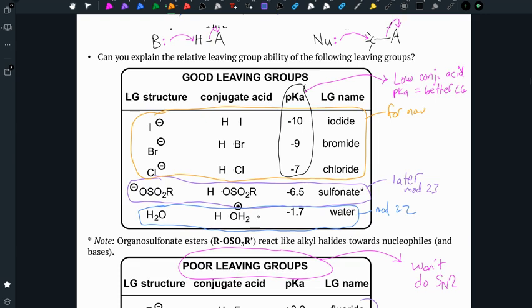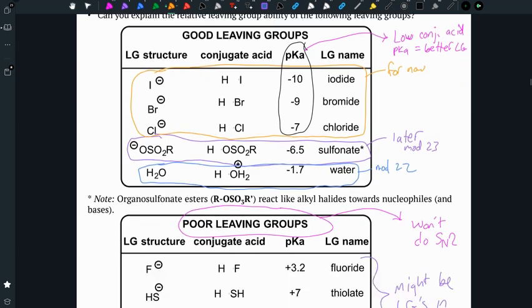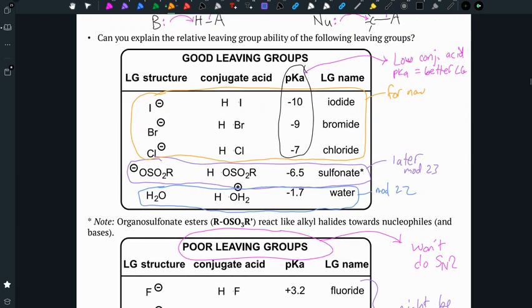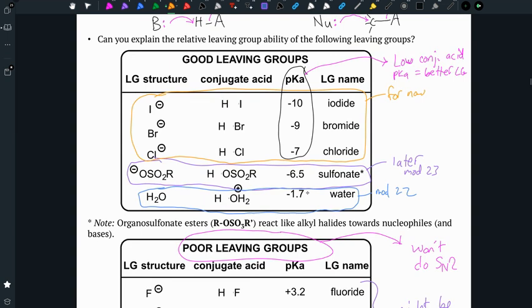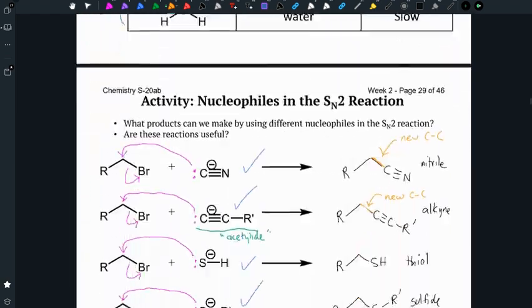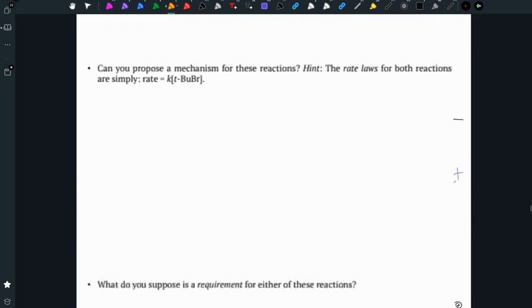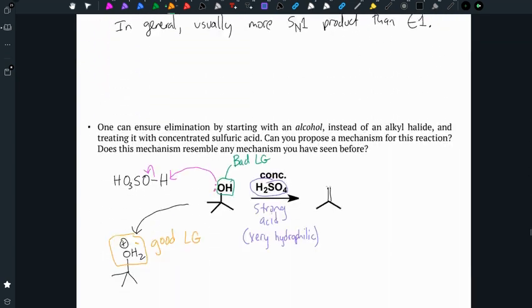So if I have OH, its conjugate acid has a pKa of about 16. That is a poor leaving group. That's way too basic. But if H2O is my leaving group, its conjugate acid pKa is -2. That is definitely a decent leaving group. So once I've protonated OH, I now have a good leaving group.